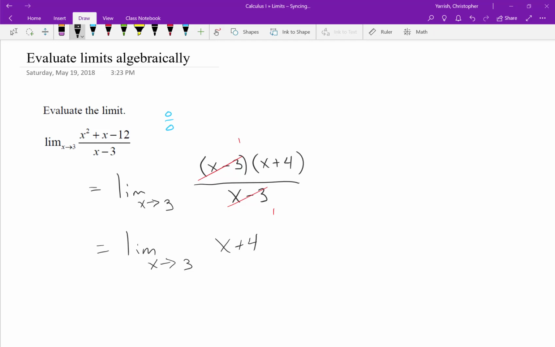And now, hopefully, now that I simplified my expression a little bit, I can use my limit laws and evaluate this thing. Notice my limit laws would allow me to look at this as the limit as x approaches 3 of x, plus the limit as x approaches 3 of 4. And those are two limits that I know.